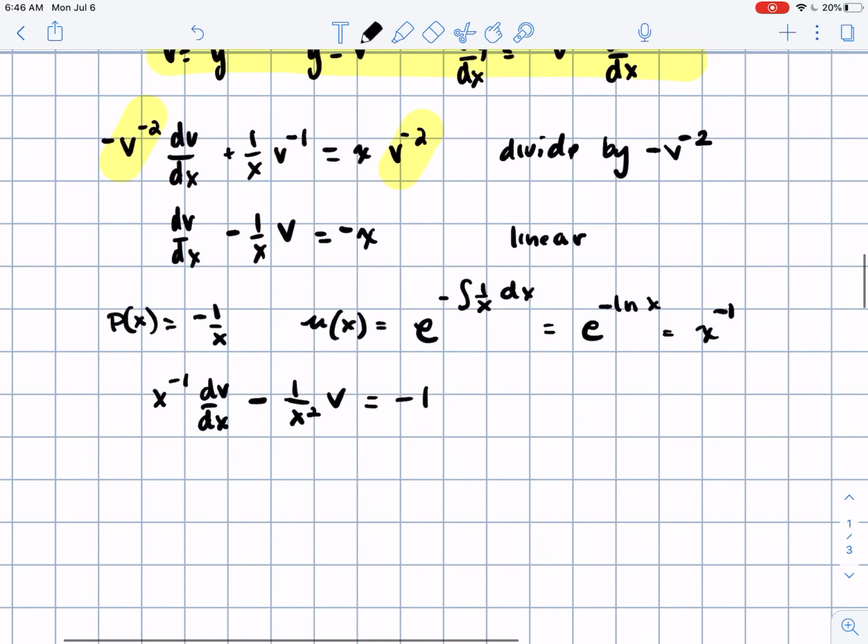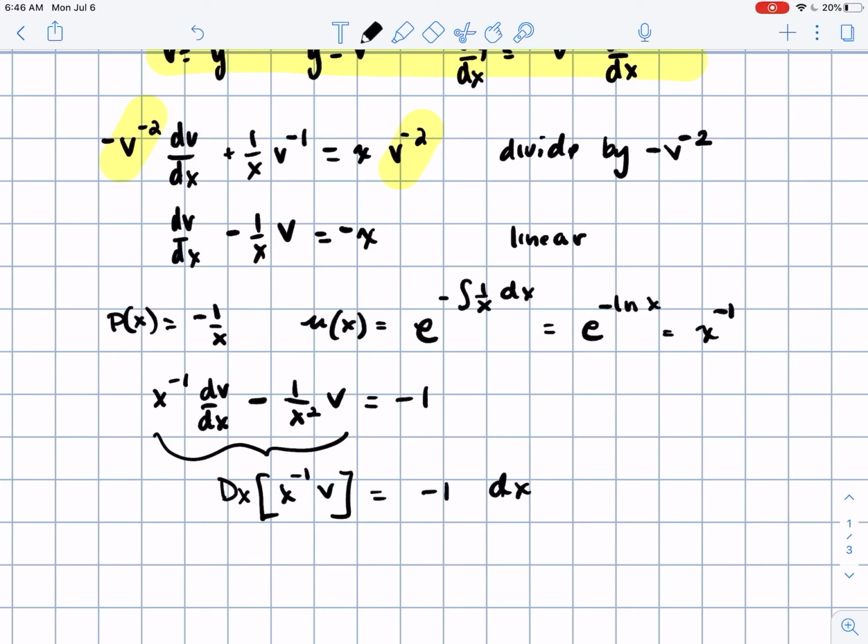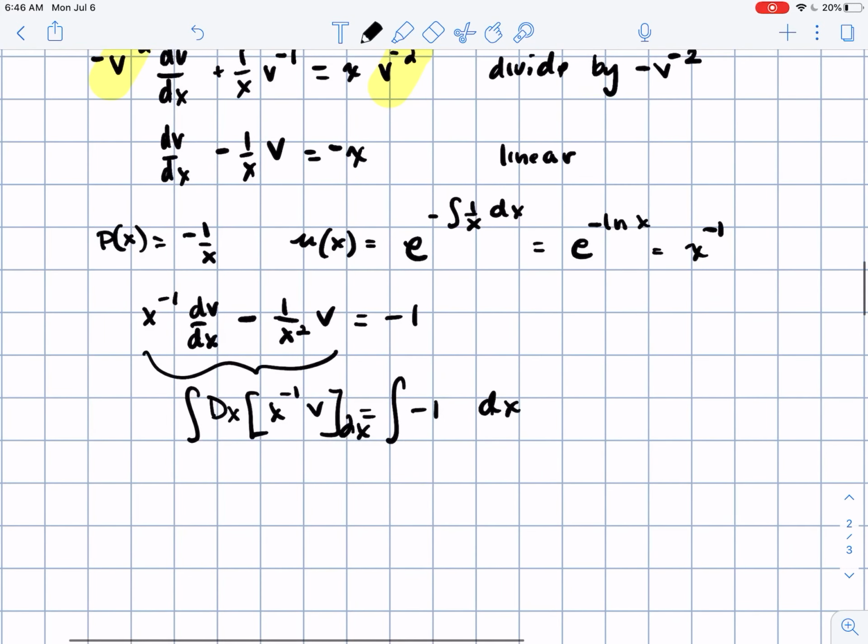Now here you can see the left side is the derivative of x to the negative 1 times v. Over here we just get negative 1. Let's take our integral with respect to x. So I get x to the negative 1 v equals negative x plus c.